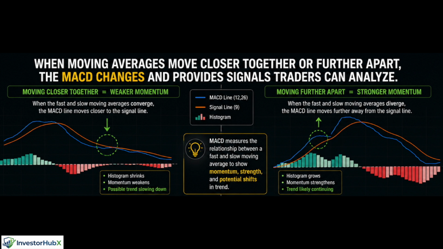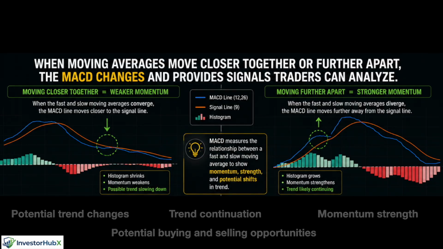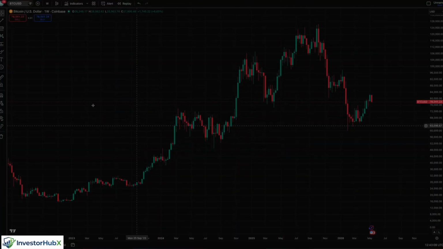MACD is commonly used to help confirm potential trend changes, trend continuation, momentum strength, and potential buying and selling opportunities. Rather than predicting the future, MACD reacts to price action and helps us better understand what the market may be doing behind the scenes.